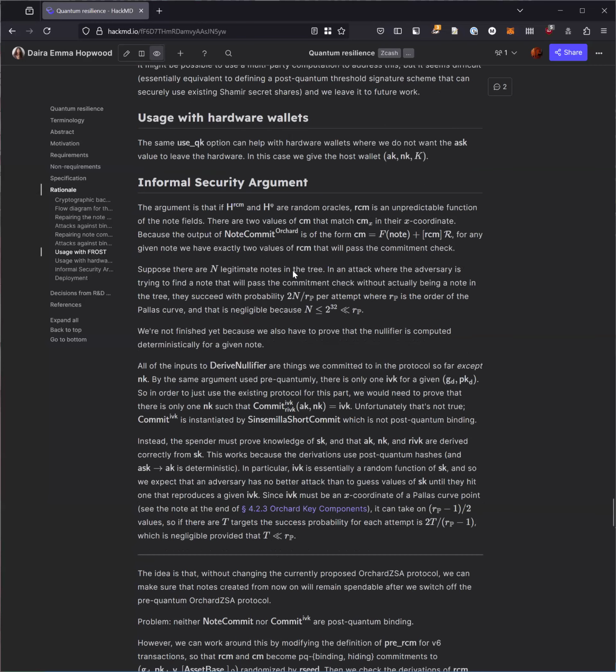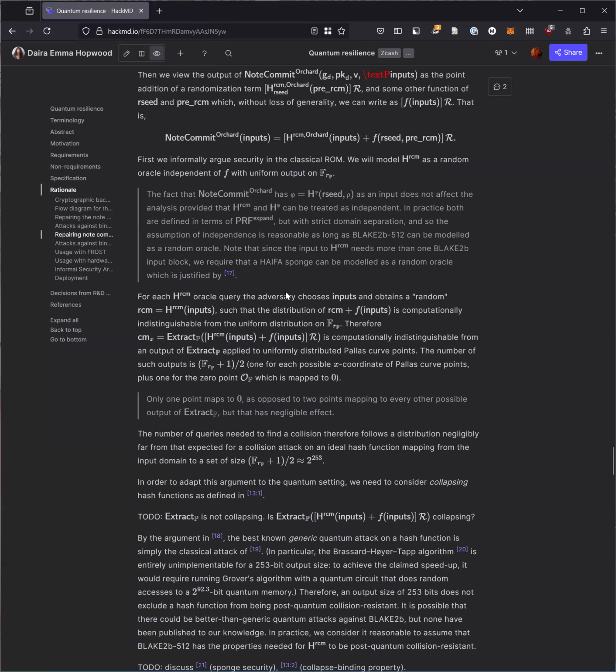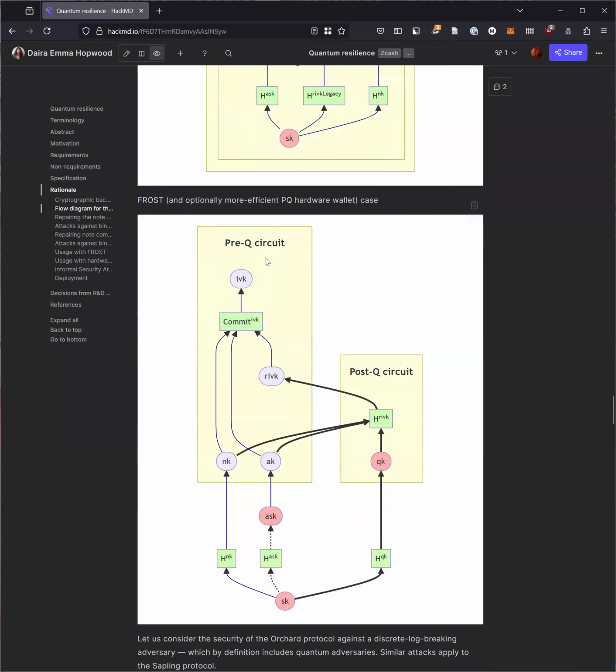The diagram is the most useful thing. I expect that to be a ZIP draft soon, for people to be able to look at. Cool, thank you.